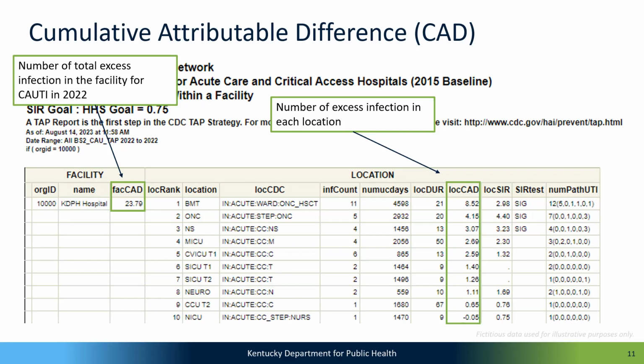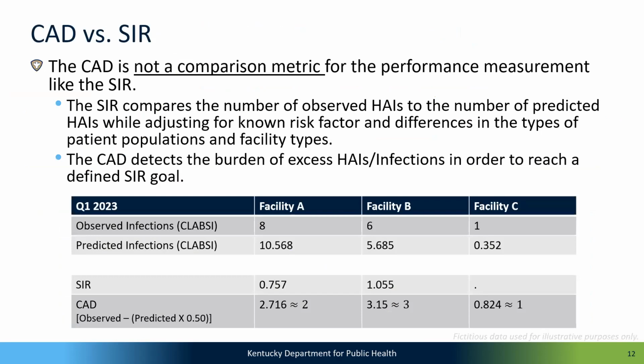Additionally, you will have a location CAD, which is the excess infections for each given location in the facility where HAIs were reported. Note that a negative CAD indicates infections were prevented. During the next session on September the 6th, we will review all the other variables and metrics included within this report.